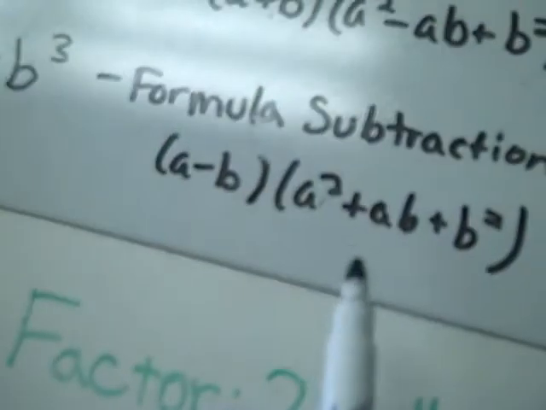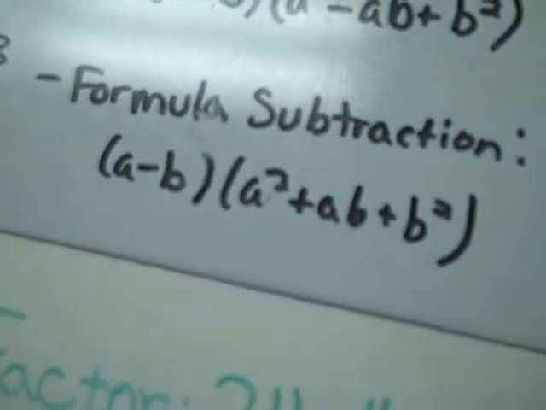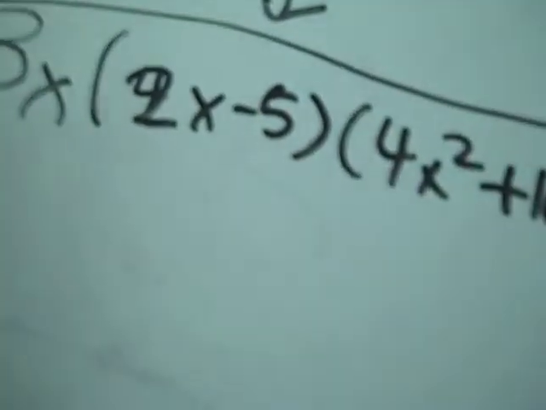Using this formula, a squared is 4, a times b is 5 times 2, which is 10, and b squared is 5 squared, which is 25. Then you add your original equation that you brought down, and this is your final factored equation.